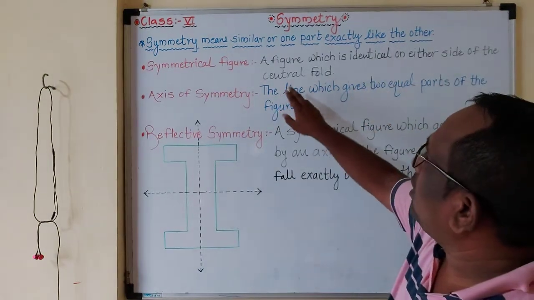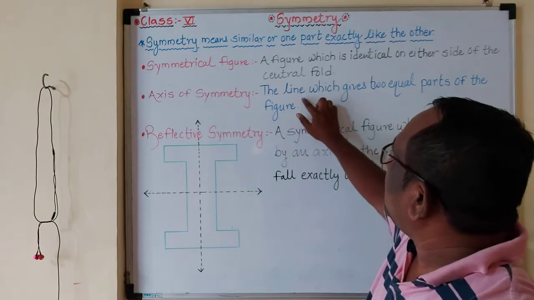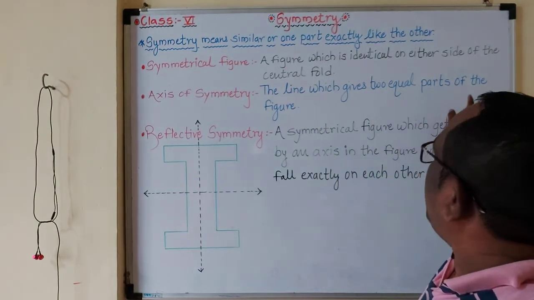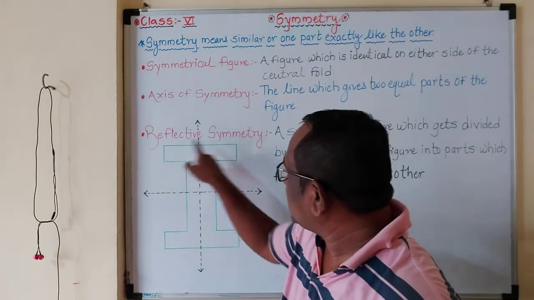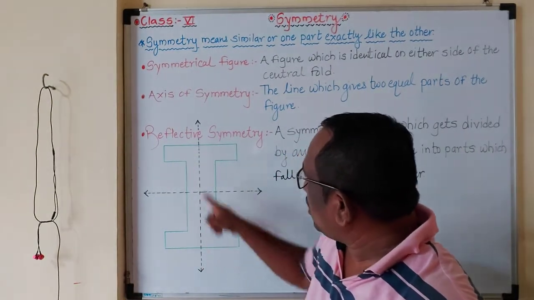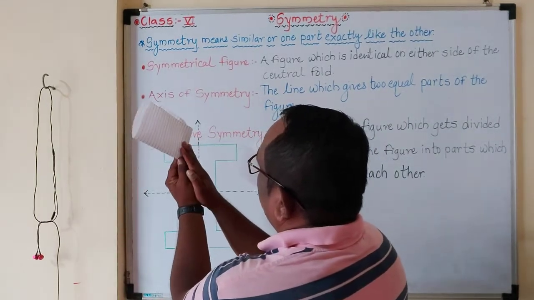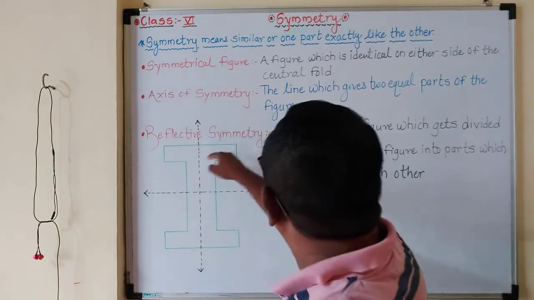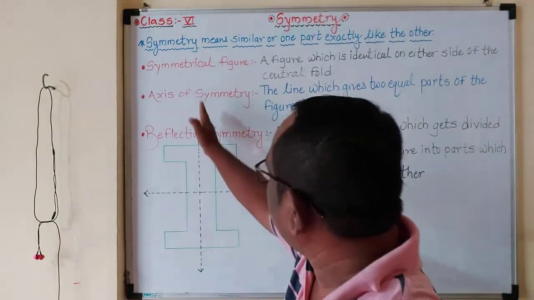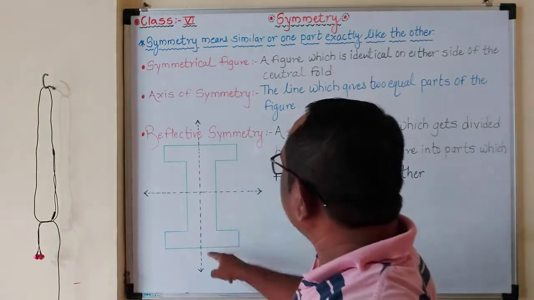Now axis of symmetry, as I explained, the definition is the line which gives two equal parts of the figure. Look here also, this is the shape of an eye. If I fold this eye vertically, it matches equally. So the line which gives two equal parts of this eye is the axis of symmetry.